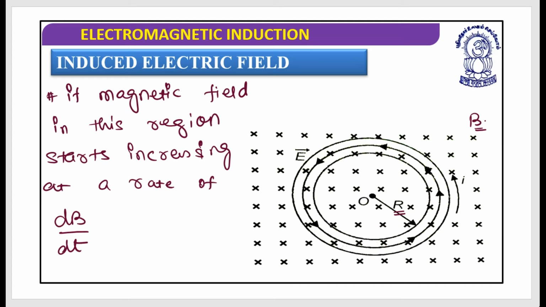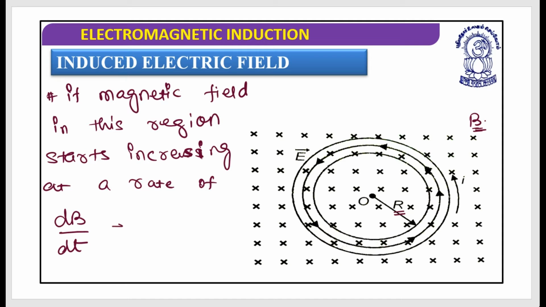What happens? Suppose the situation is that a ring is there, having a radius r, placed in a magnetic field B. Now let's suppose this magnetic field B starts increasing at a rate of dB by dt.